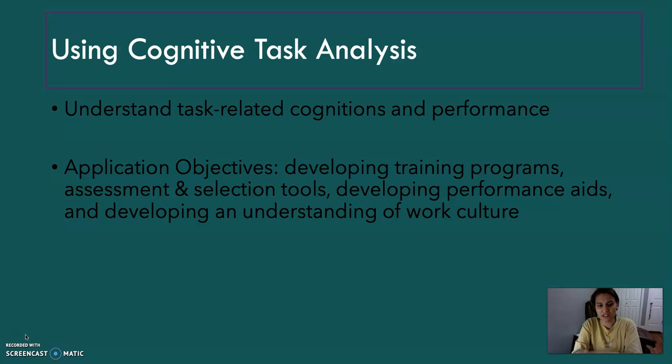And it's to link these to behavioral task analysis to understand task performance in terms of the cognitive knowledge and skills that the experts use and how they do it to achieve superior performance. It is also used to meet objectives for developing training programs, for assessment, selection tools, developing performance aids, and also developing and understanding work culture.